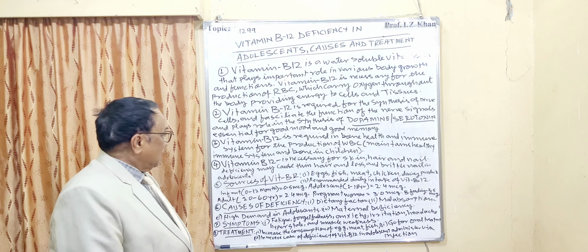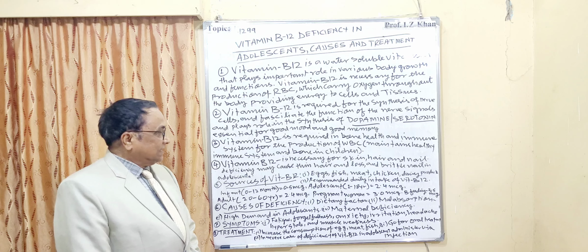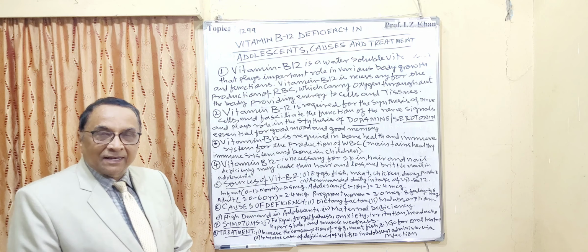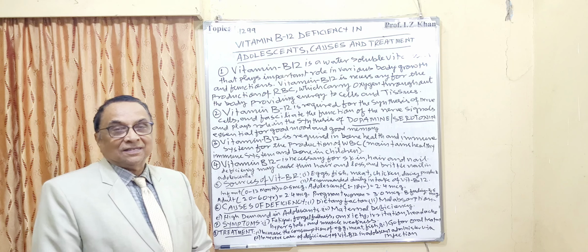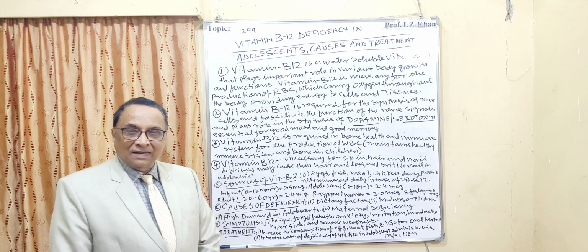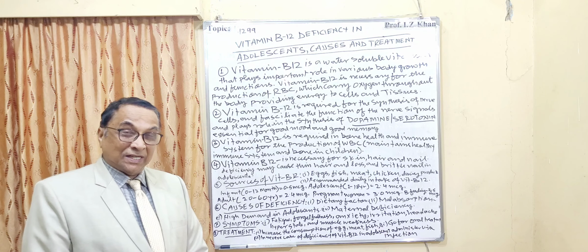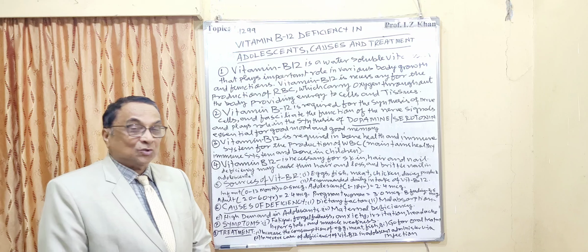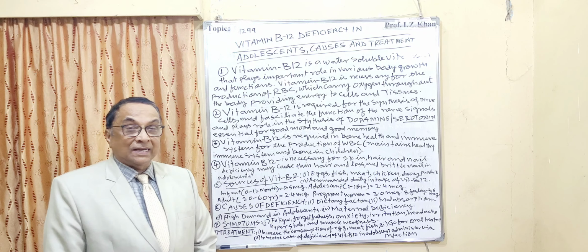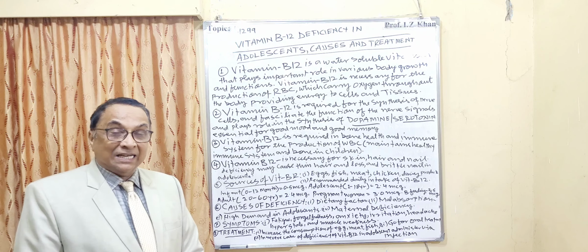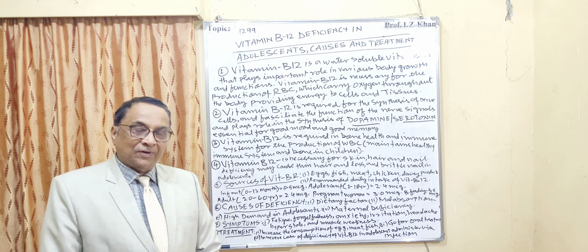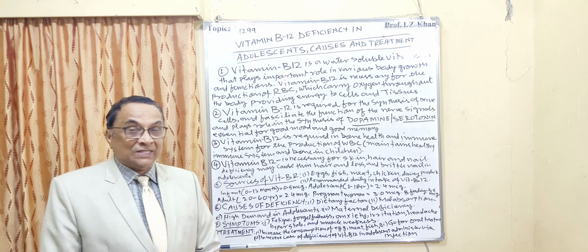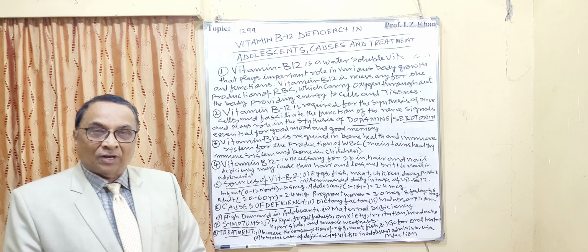Number four, vitamin B12 is necessary for skin, hair, and nail. And if you notice that your child has thin hair, or an adolescent child is losing a lot of hair and his or her nail is brittle and skin is rough, definitely it is due to the deficiency of vitamin B12.